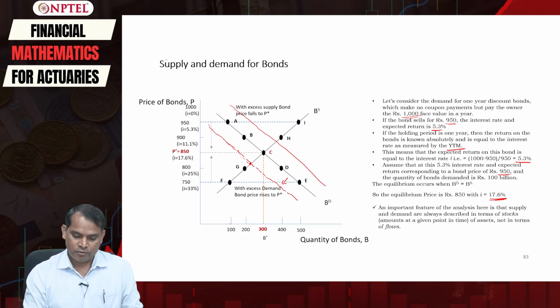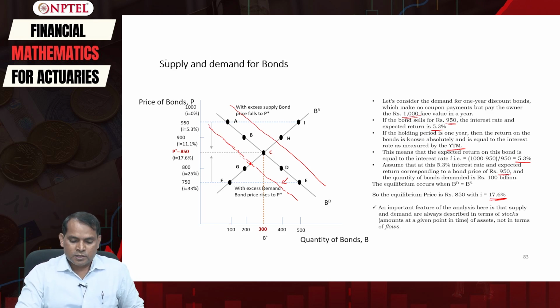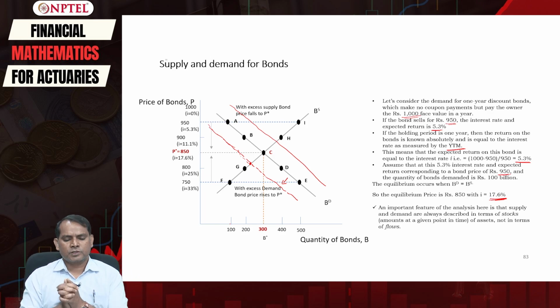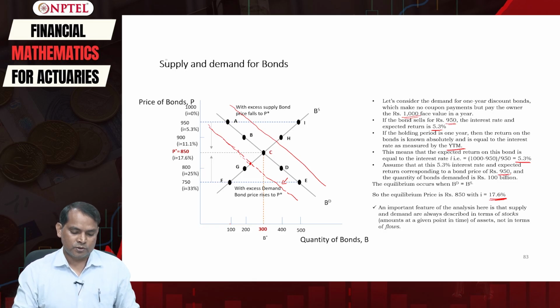That's what we have discussed. So for other factors that are potential determinants of demand for the bond, if any of them other than the price component changes, then the demand curve will shift, otherwise no.